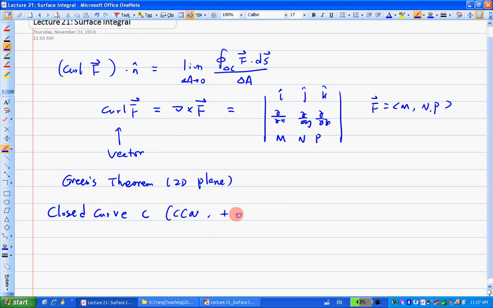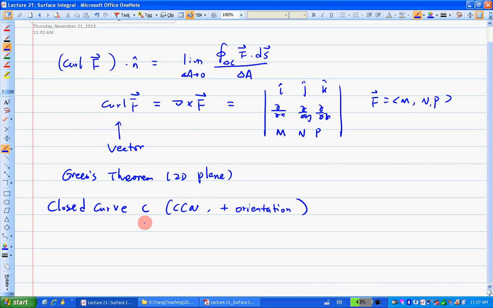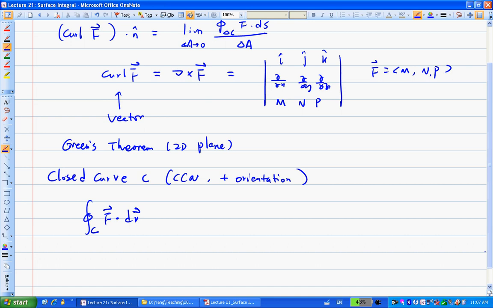So you look at it from the top, this is counterclockwise. Basically, when you do this line integral, you do it in the counterclockwise direction.